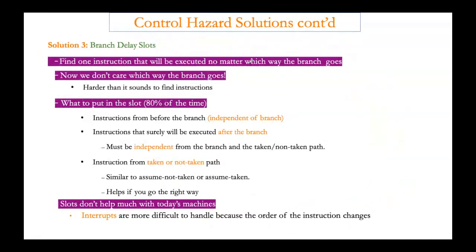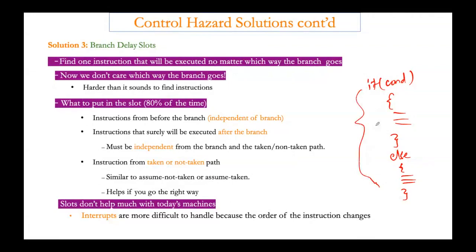In branch delay slots, you can see that there are some conditions in programming languages. Suppose we have a branch here. In this branch, let us consider an if condition: then execute these instructions, else execute these instructions.